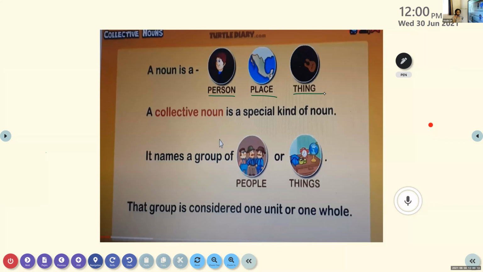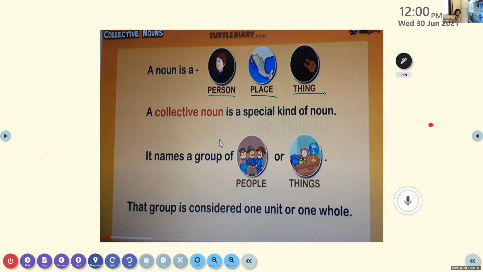A common noun is a common name given to persons, places, animals, and things of the same kind. Examples for it are girl, boy, school, book. All these are examples.